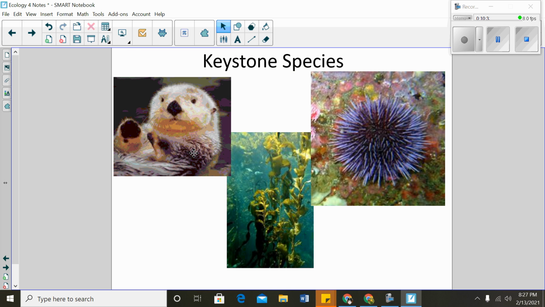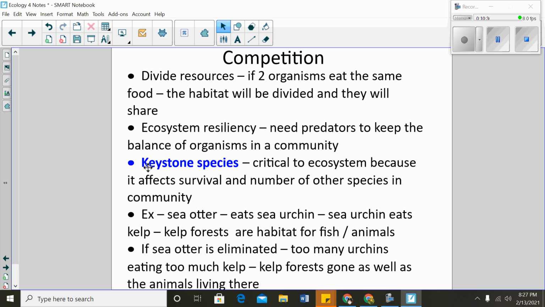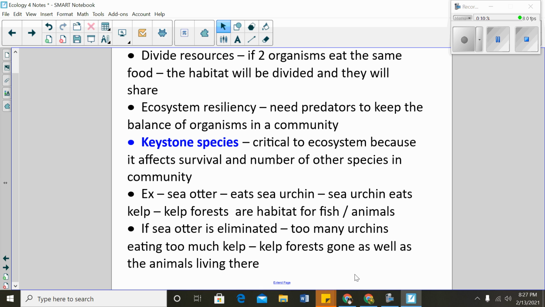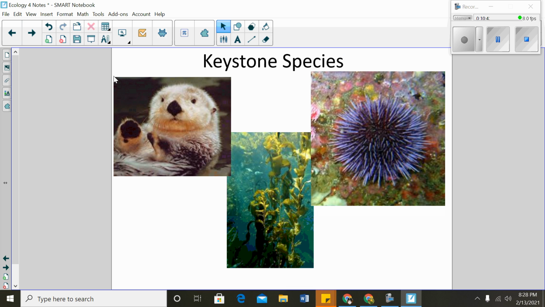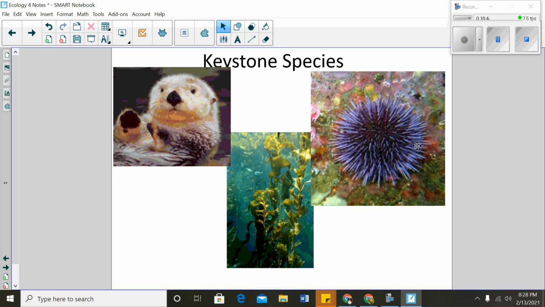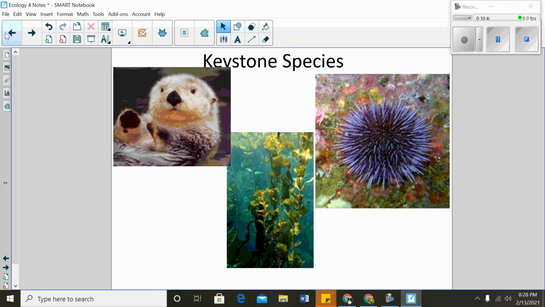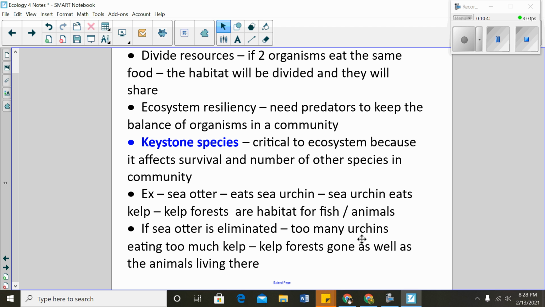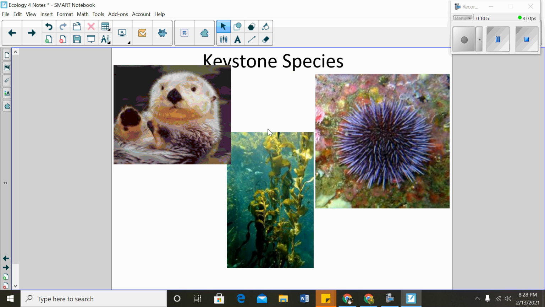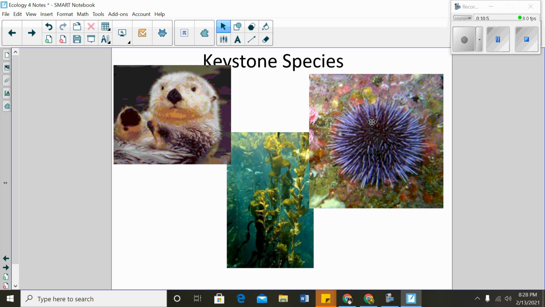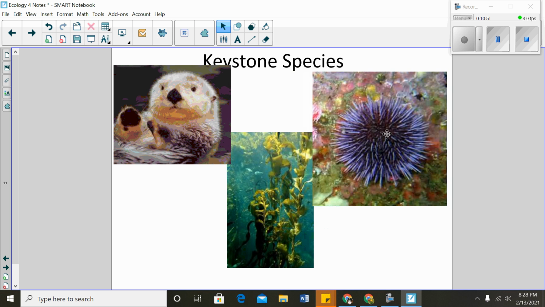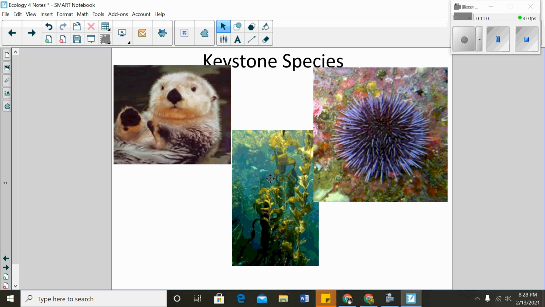So let's say you hunt this thing to extinction and it's no longer available. If that sea otter is eliminated, what's going to happen? If you take this guy out of the equation, this will increase. There'll be too many sea urchins eating too much kelp. So this guy's gone, and this will just keep reproducing and reproducing as nobody's eating it. And then what this eats is the kelp.